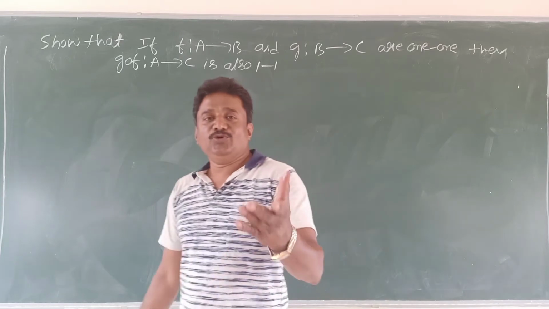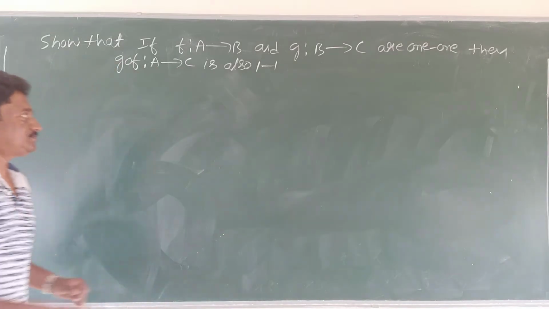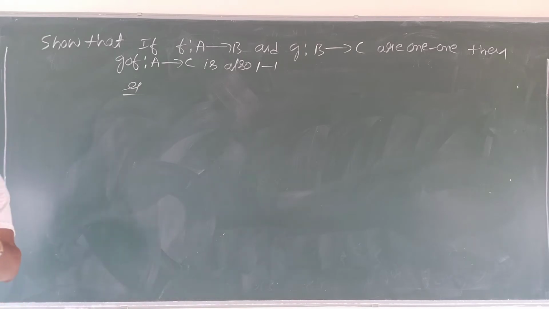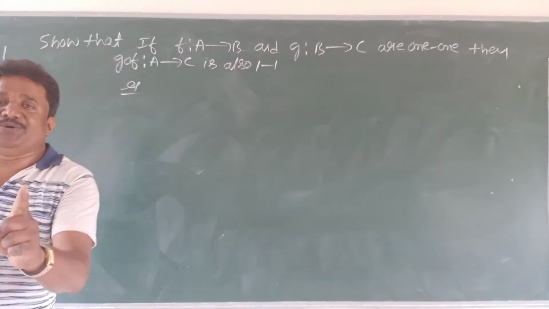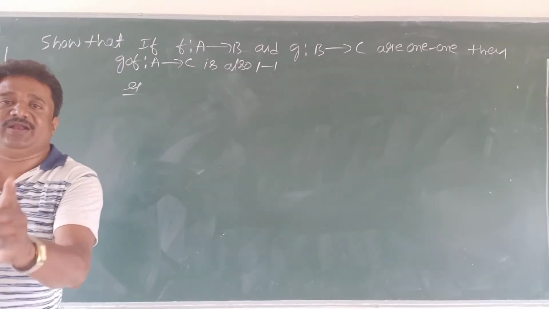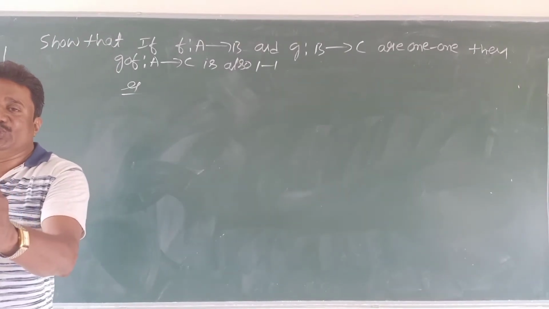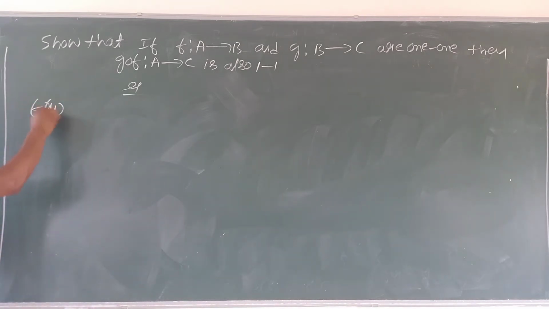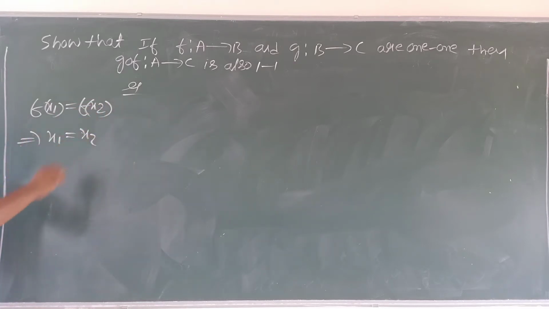Next, you know that procedure very well. Whenever it is required to prove the given function as 1-1, we always use the same procedure. This procedure, taking f(x1) is equal to f(x2), proving x1 is equal to x2.